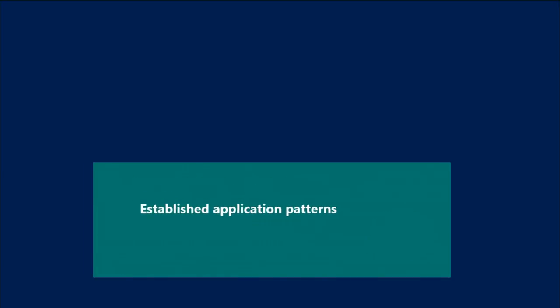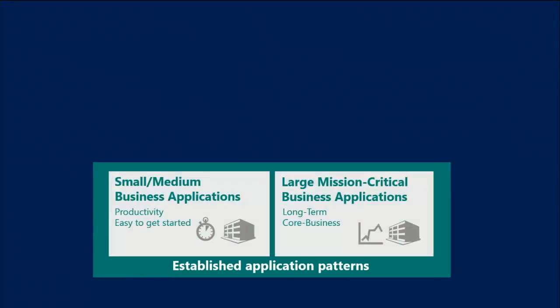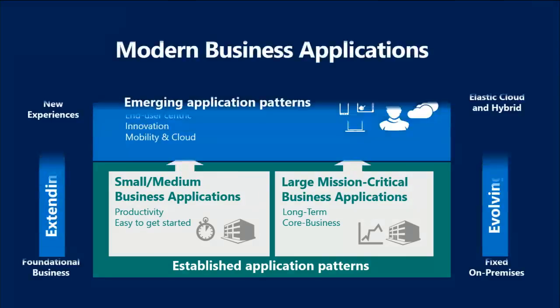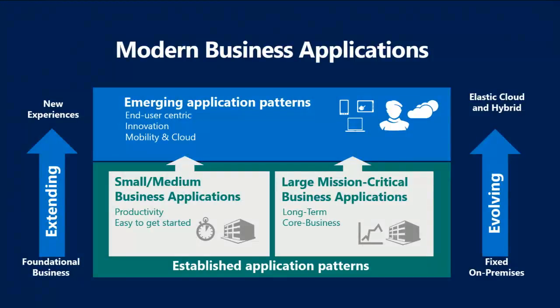And as I mentioned, we can have small, medium business applications, or large mission-critical applications, or even something in between. But Microsoft's vision about modern applications and emerging patterns is that we need to move on and evolve those business applications, using those emerging application patterns.